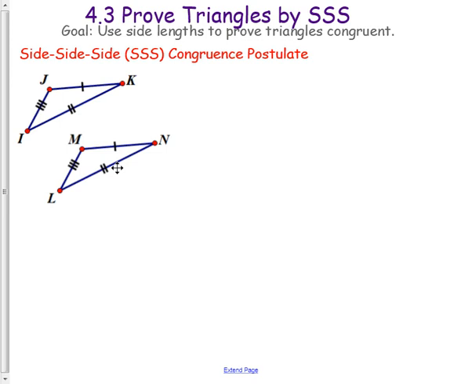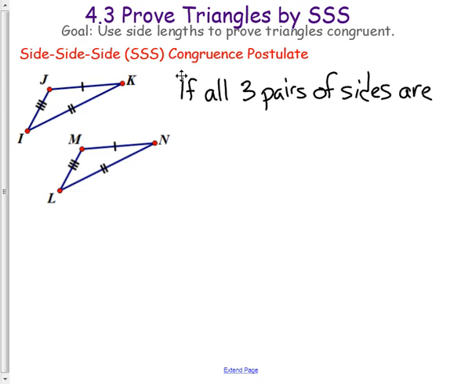There are 5 shortcuts in total. Shortcut number 1 is side, side, side, which you can abbreviate with SSS. The side, side, side congruence postulate. This shortcut says if all three pairs of sides are congruent, then the triangles are congruent.